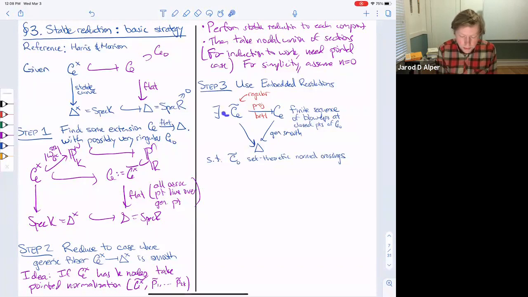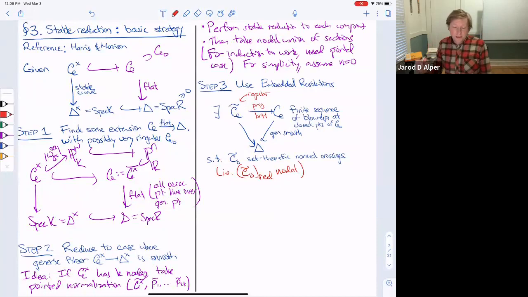So C tilde is regular. This map is projective and birational. And importantly, the pre-image of the central fiber has set theoretic normal crossings. What this means is if I take the reduced central fiber, it's nodal.